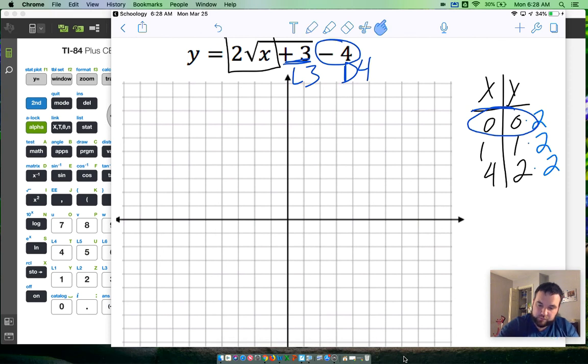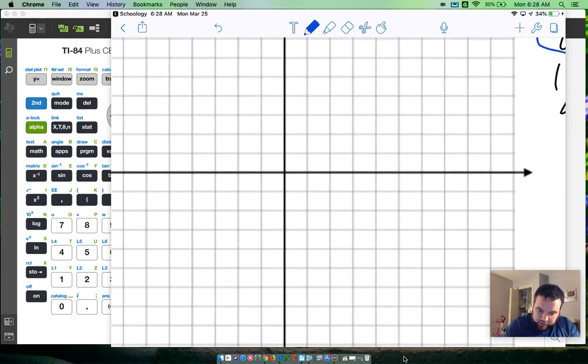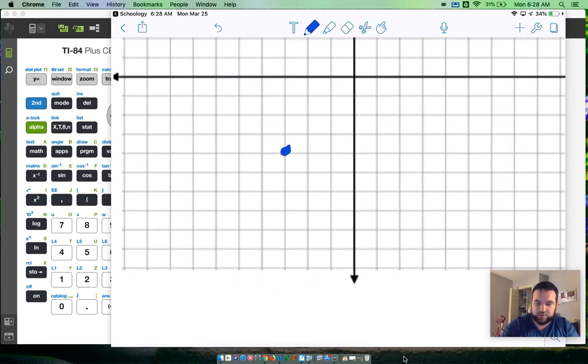Okay, so I'm going to go left 3 and down 4. I'm going to think of this now as the new 0, 0. Okay, so I'm going to picture it like I've moved the entire graph. So this now is my new origin. Okay, so when I think of 0, 0, I'm thinking of that point right there.